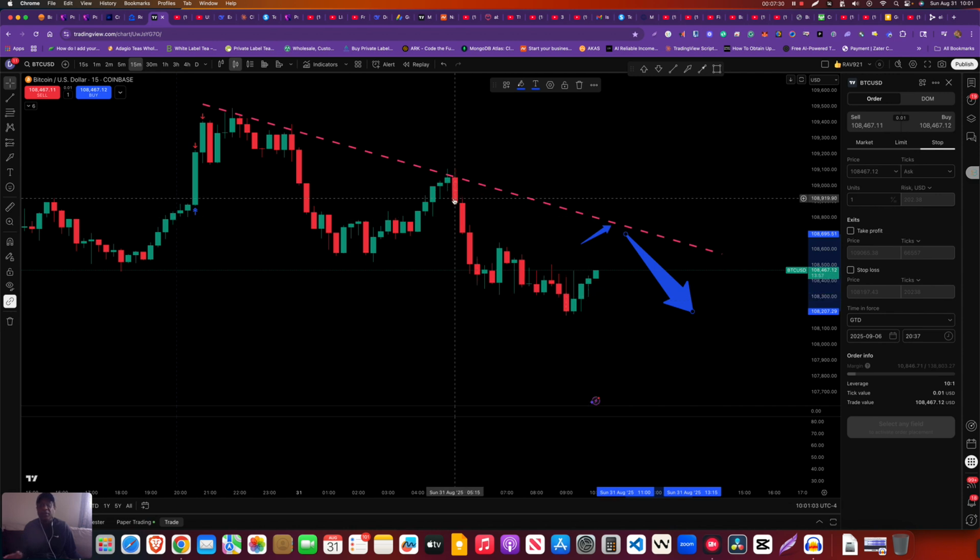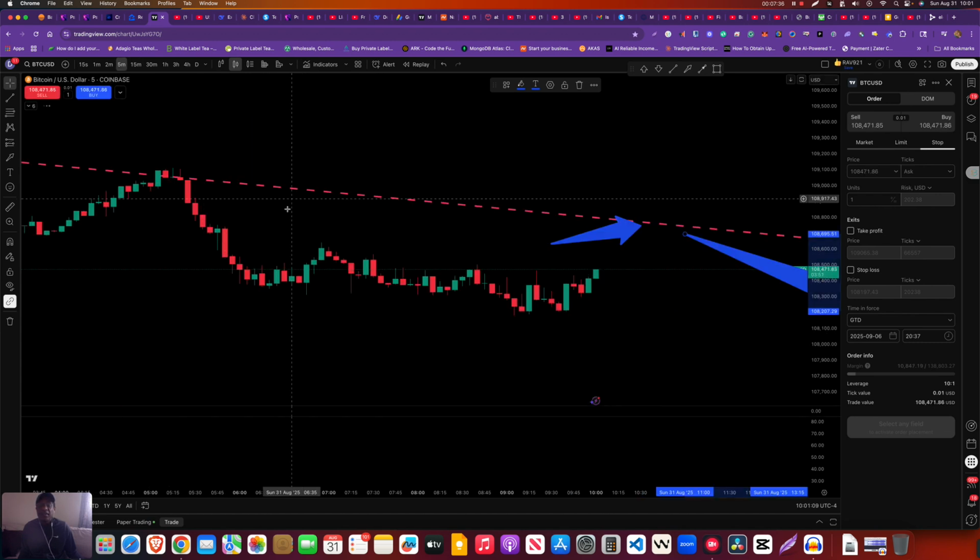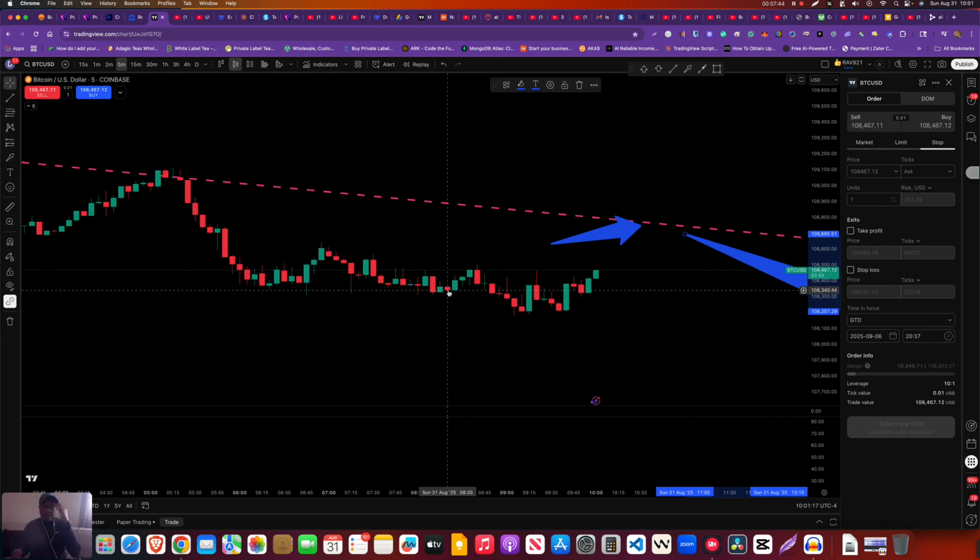So each bar will take 15 minutes. If I were to go into the 5-minute time frame, each bar will take 5 minutes. This red one took 5 minutes, this green one took 5 minutes, regardless of how tall or short the bar is, it took 5 minutes to do that.